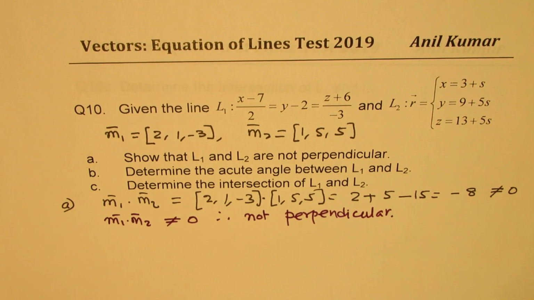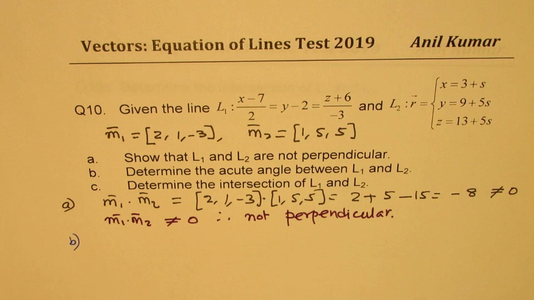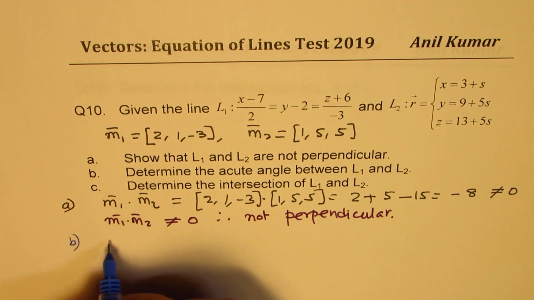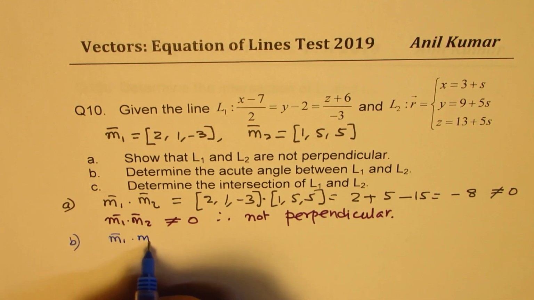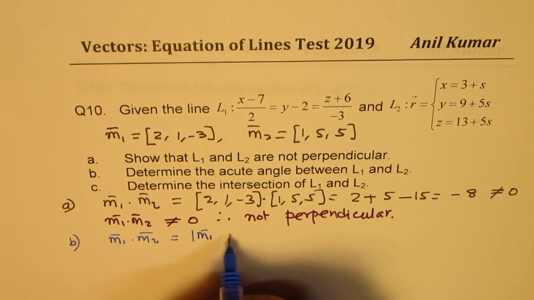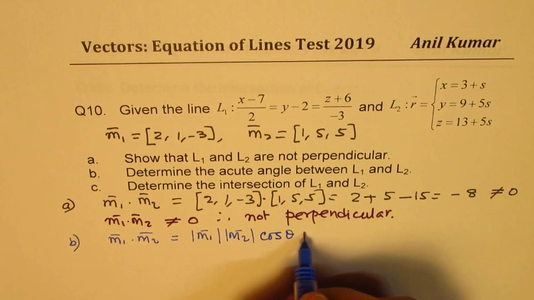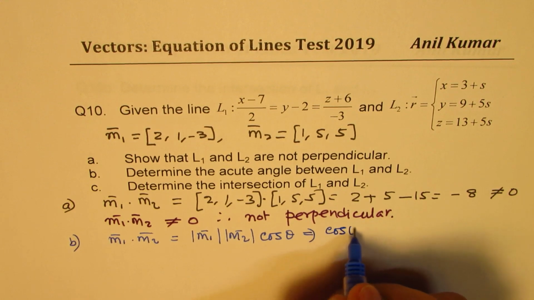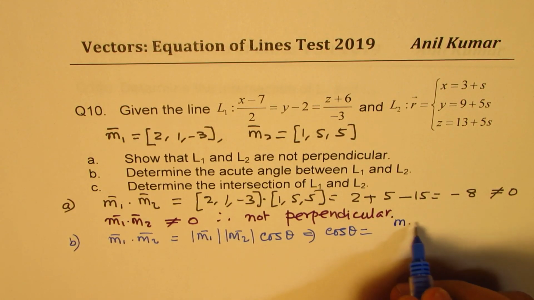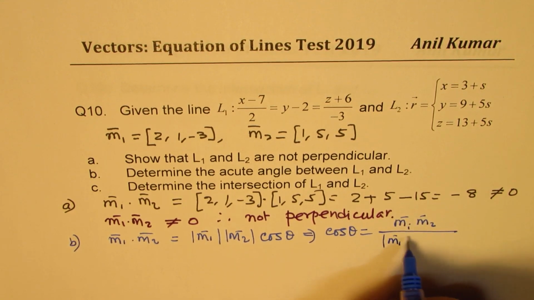Part B is to find the acute angle between the two lines. So we could use the dot product to find the acute angle, right? So we'll do that. We know the dot product will be equal to the magnitude of the first times the magnitude of the second times cosine of theta, right? So that gives you cos theta as equal to the dot product of these two directions divided by their magnitudes.